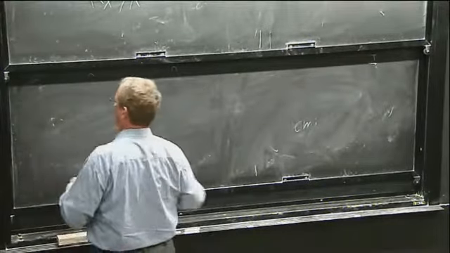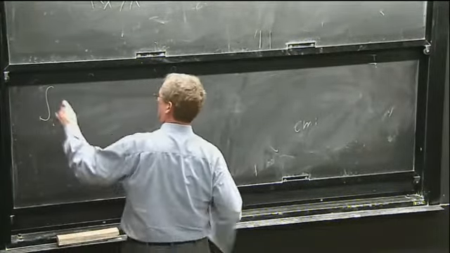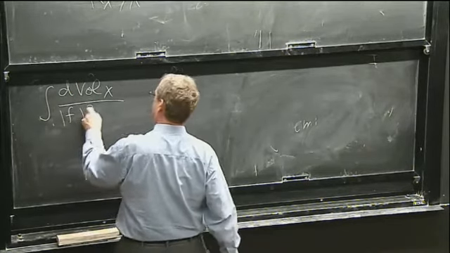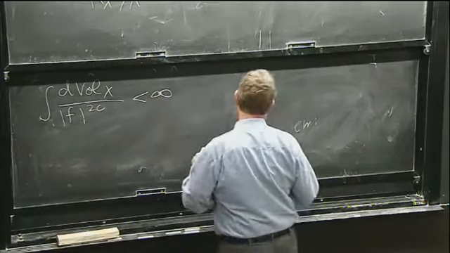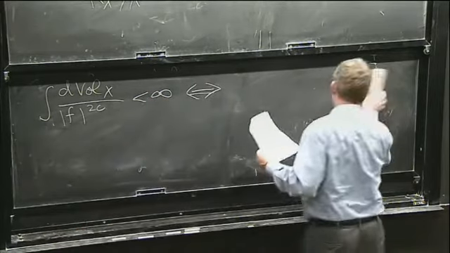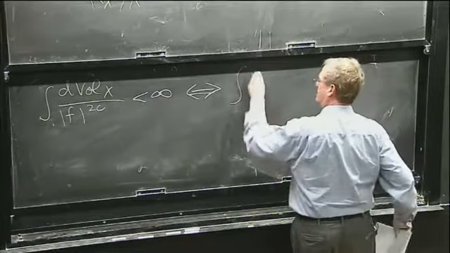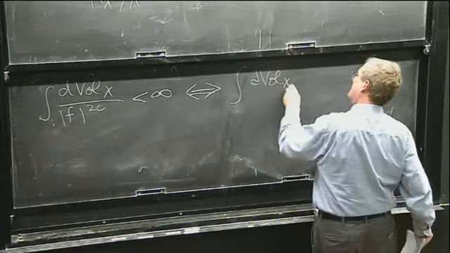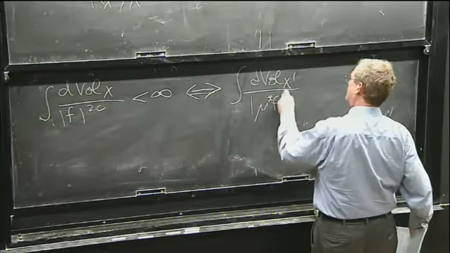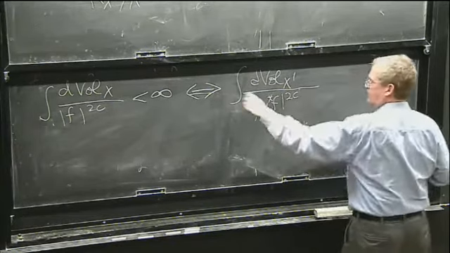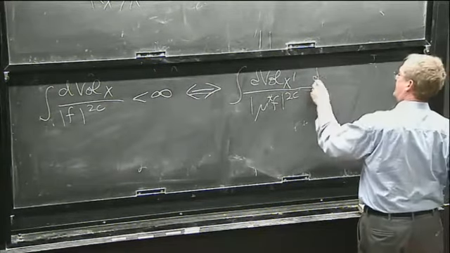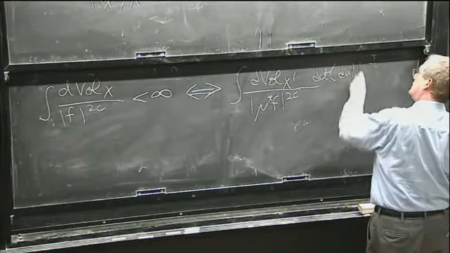So what is it that we need to do? We need to compute the volume, d vol on X over f to the 2c. This is finite if and only if, when we pull back to X prime, we get something finite. So this is d volume X prime over the pullback of f to the 2c. But now I need to multiply: the volume form on X pulls back times the determinant of d mu, modulus squared.